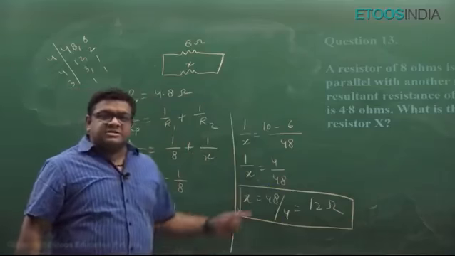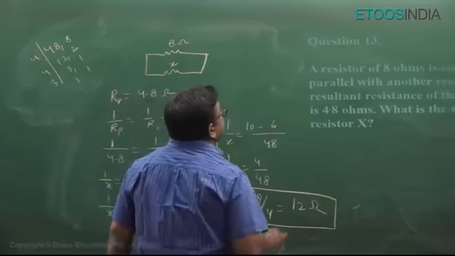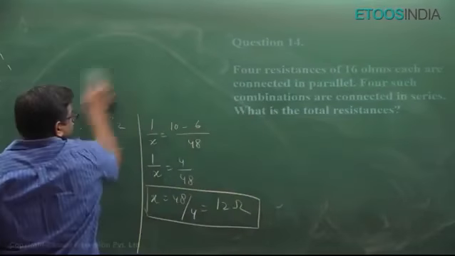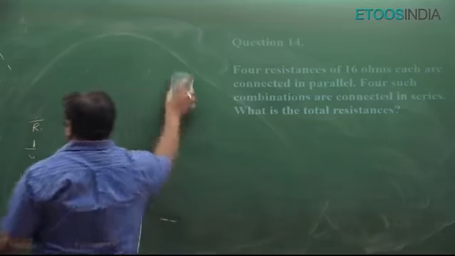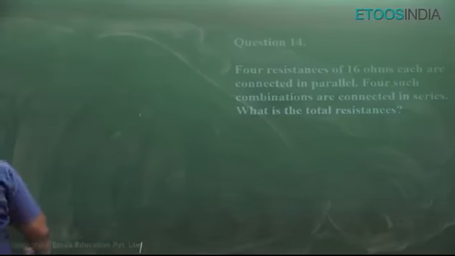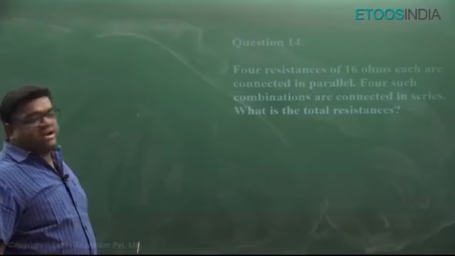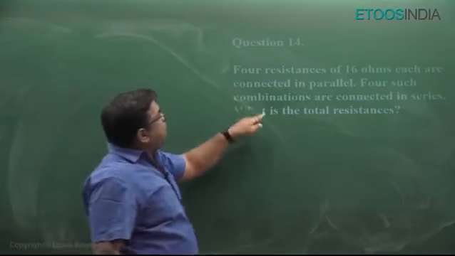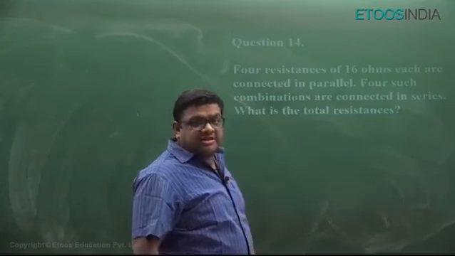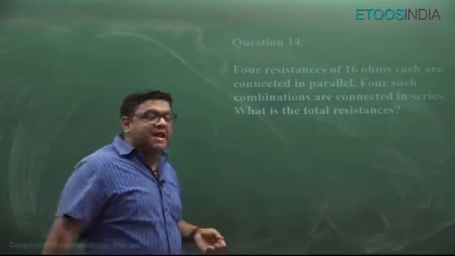Is it clear? This is how we solve this question. Now let's move on to the next question. Four resistances of 16 ohm each are connected in parallel. 4 such combinations are connected in series. What is the total resistance? So first of all, let me find out the total resistance when they are connected in parallel.